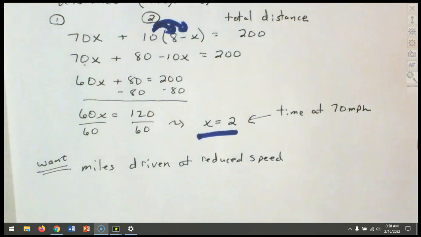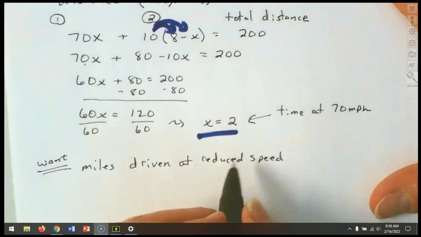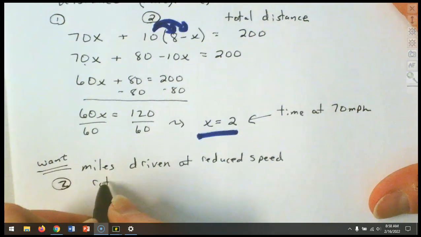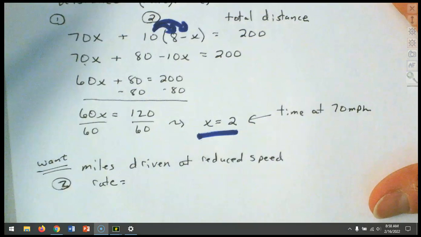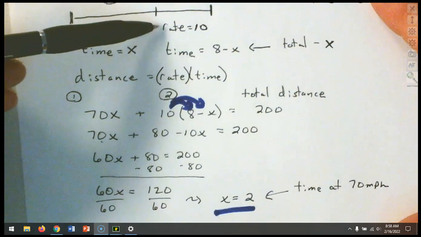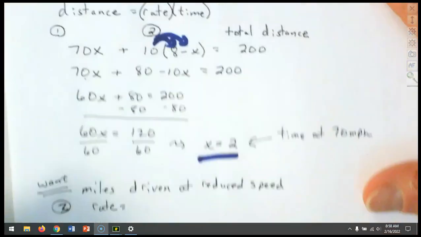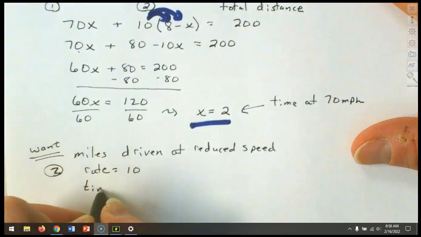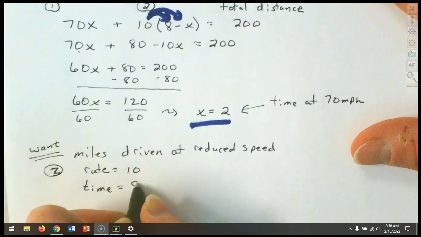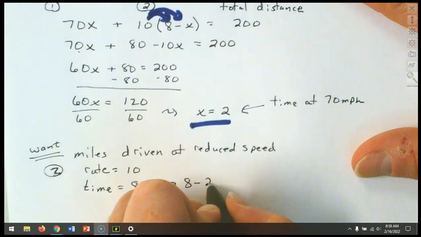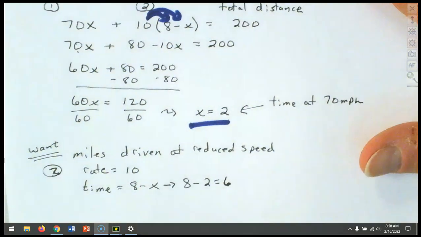So when we talk about the time at the reduced rate of speed, we're going to have to calculate it out. Well, when we're looking at the reduced rate of speed, that's the second one. Okay, and how fast are we traveling when we're in that accident? Rate of speed on the second one is going to be 10, right? This is the reduced rate of speed, 10. What about the time at the reduced rate of speed? Well, it's 8 minus x, which is then 8 minus 2, which is 6.